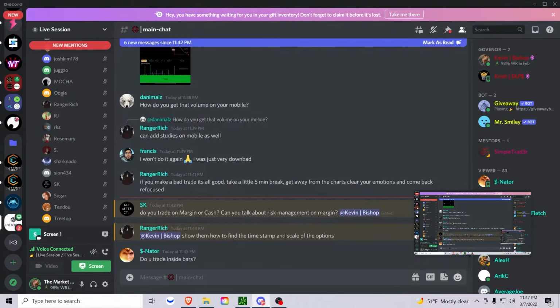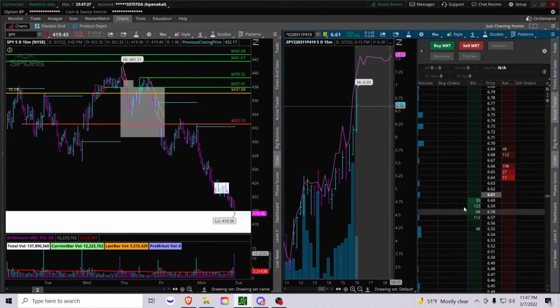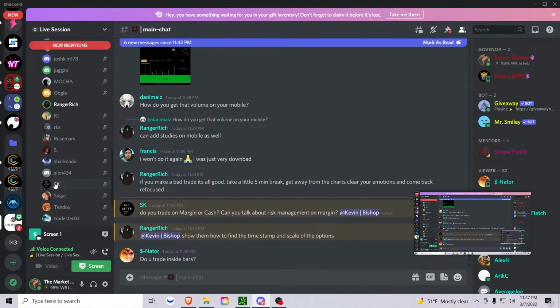Show them how to find a timestamp and scale of the options. What do you mean? Like when you go to trader and you can see the trade log, like the options, and then you can go down to the bottom. Click trade by analysis.